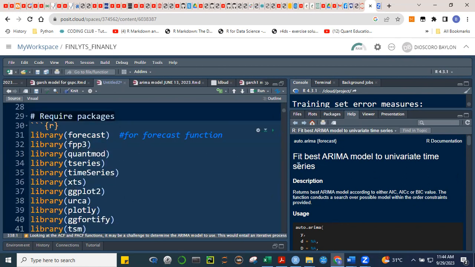Library forecast. Okay, so that's the answer there, why auto.arima is not running. Okay? All right, thank you, Michael, for that question. Okay, let's wait for the others. Let's give them a few more seconds.